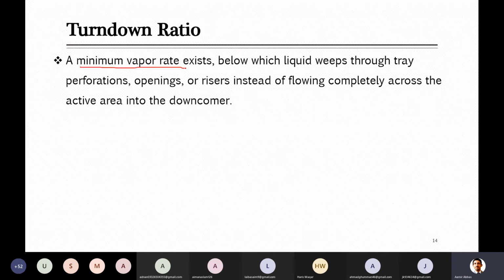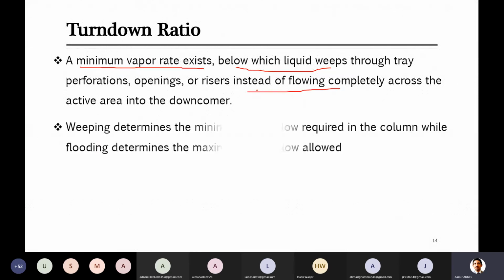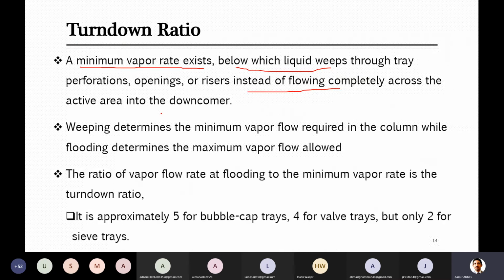One is that there should exist a minimum vapor flow rate, which is necessary to avoid weeping, because if you go below this minimum vapor flow rate, liquid will start weeping through the openings instead of going through the downcomer. And there is an upper limit, that vapor shouldn't carry the liquid with it, and that we call entrainment.